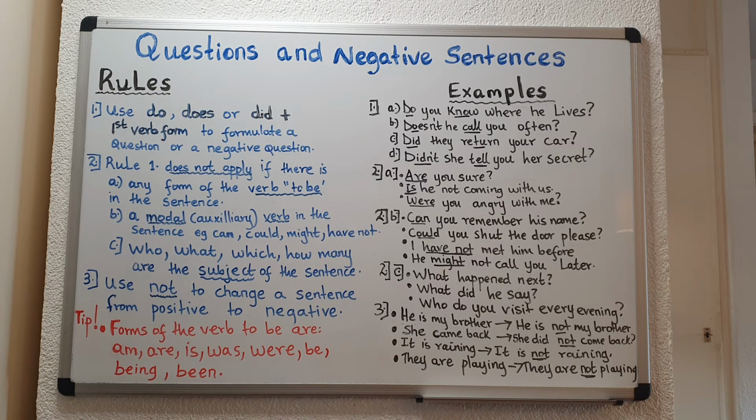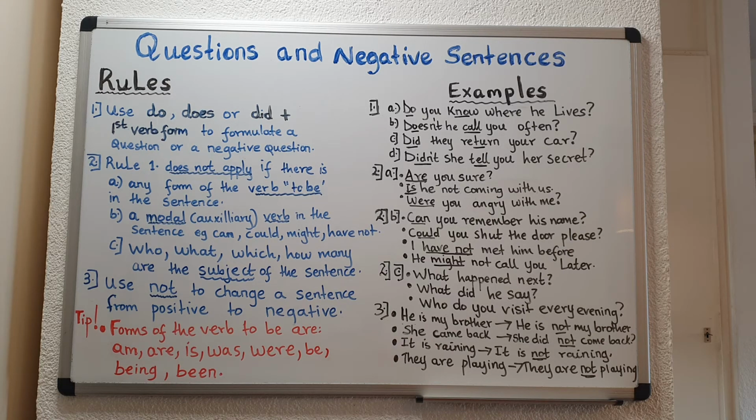The next example, he might not call you later. That is also an example of a negative sentence, and I have used the modal auxiliary might in that sentence, and then I have combined it with not. The previous sentence could be, I have met him before.